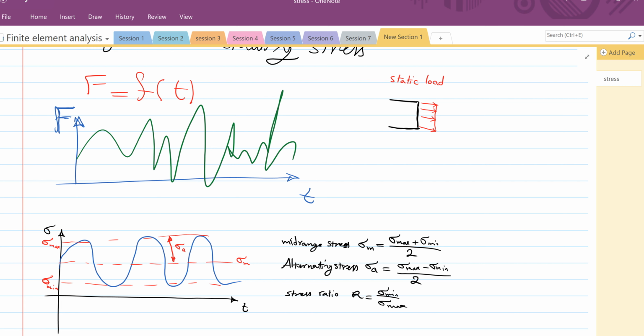But for a cyclic load, we are going to have a different behavior. Uniform here, over this crack, very high.